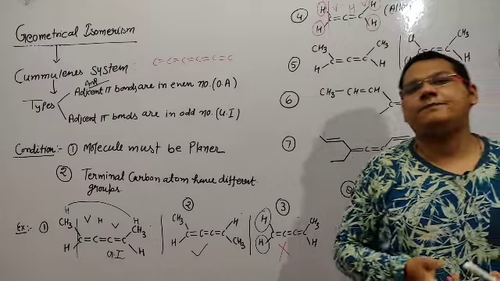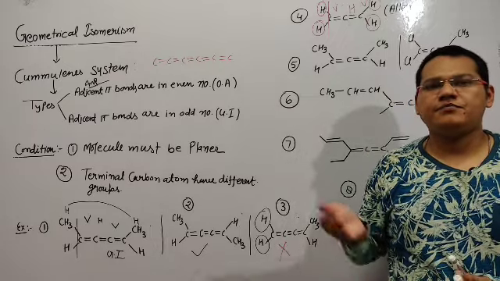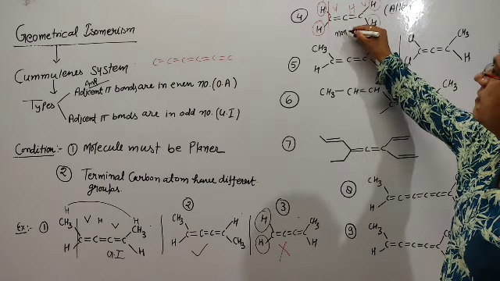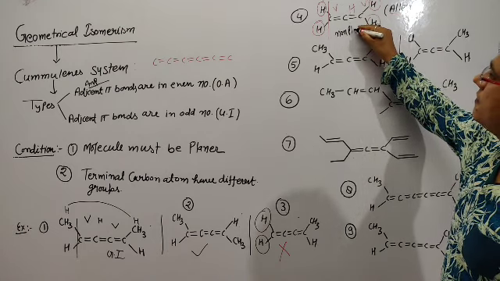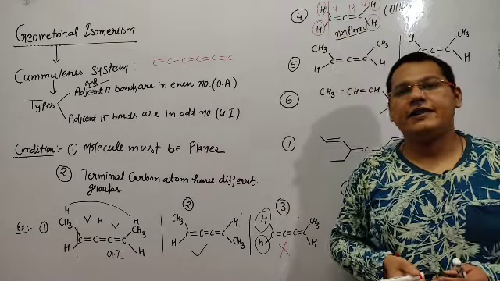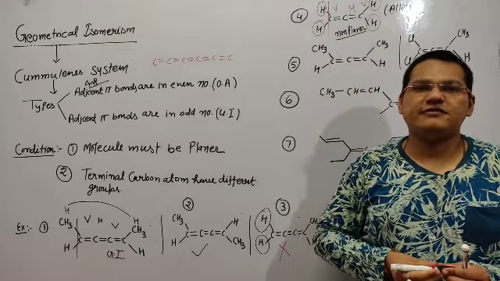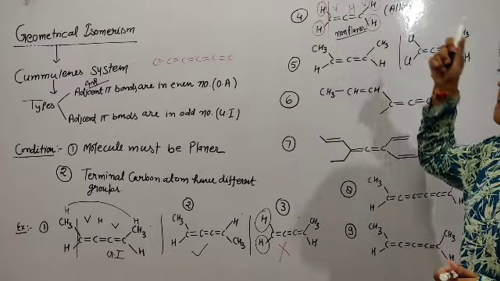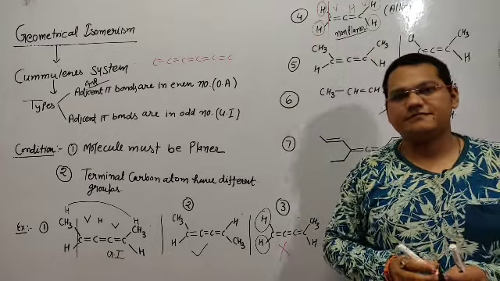When the molecule is perpendicular to the plane, the molecule is non-planar. When the molecule is non-planar, a plane of symmetry is not present. That's why this molecule shows optical isomerism.